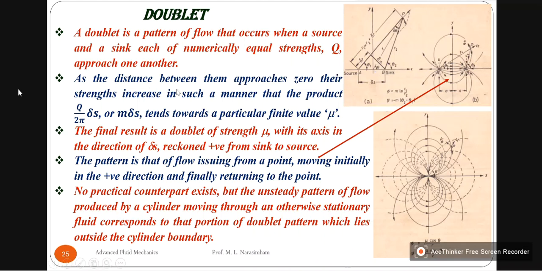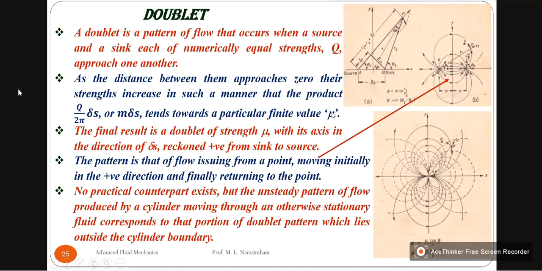As the distance between them approaches zero, their strengths increase in such a manner that the product of these two, q by 2 pi, which is the strength of the source or strength of the sink, which is m, into delta s, the product of m and delta s, tends towards a particular finite value mu.